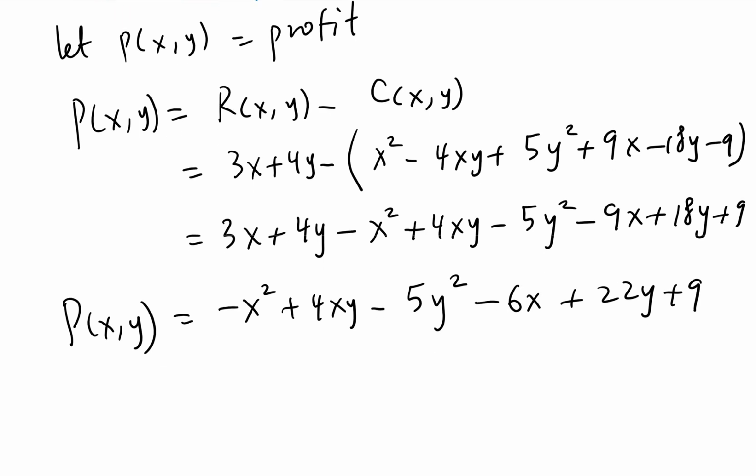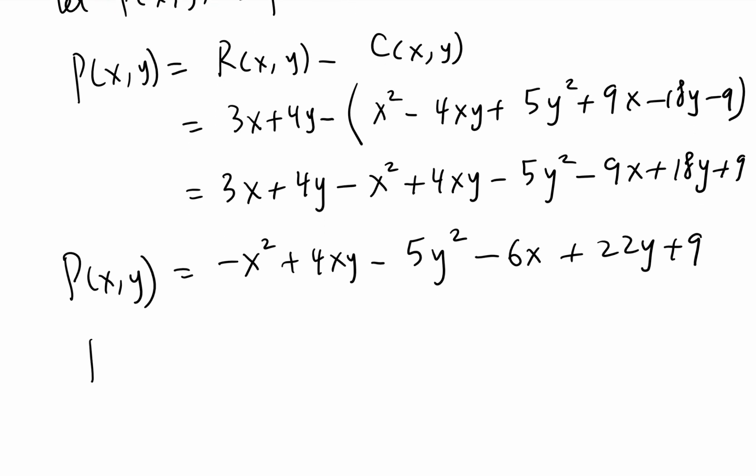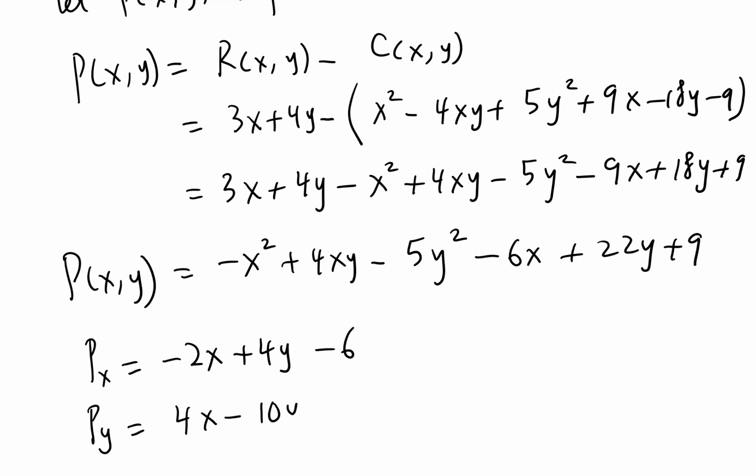So now to find the min or max, we need to find P sub x, which is negative 2x plus 4y minus 6. P sub y is 4x minus 10y plus 22. Set each one equal to 0.